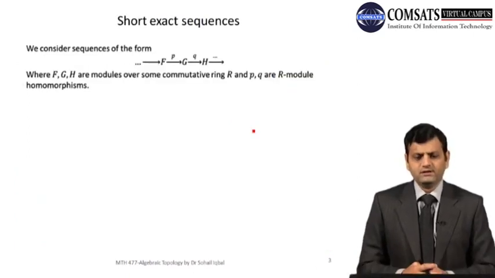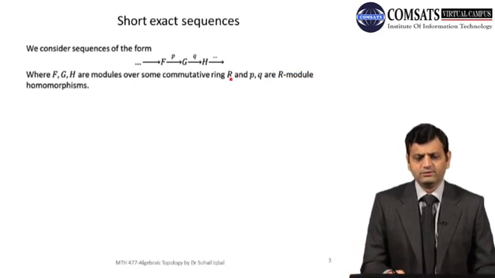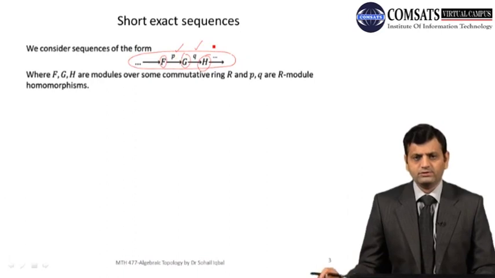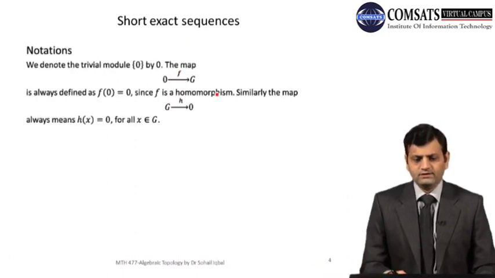As we have discussed in our last lecture, we are going to deal with objects like this in homological algebra, where f, g, and h and other objects in this sequence are R modules, and these mappings are R module homomorphisms. So these are simple notations. For example, we will always denote the trivial module, the module containing only one element, by just 0.